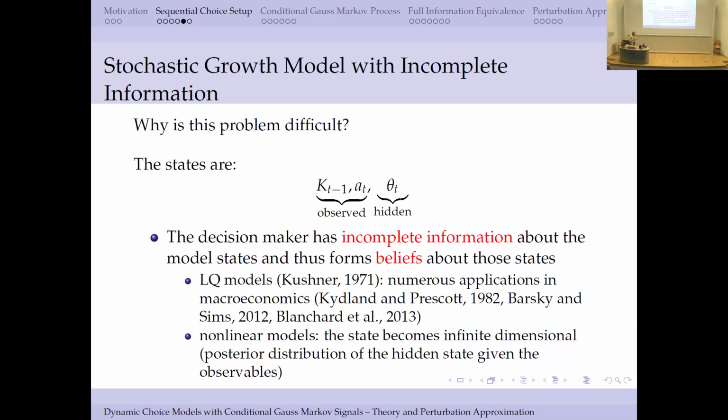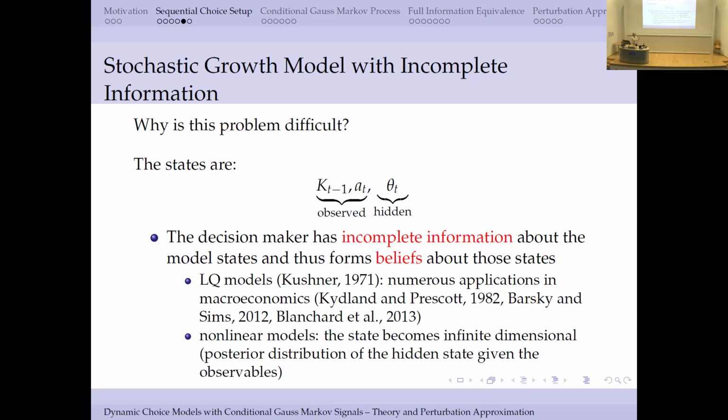The simple solution is to find a policy as if the latent state is actually observed. It turns out that the policy is linear in those models. So find it as if the latent state is observed, and then instead of using the latent state, plug in the conditional expectation of that state given the information.